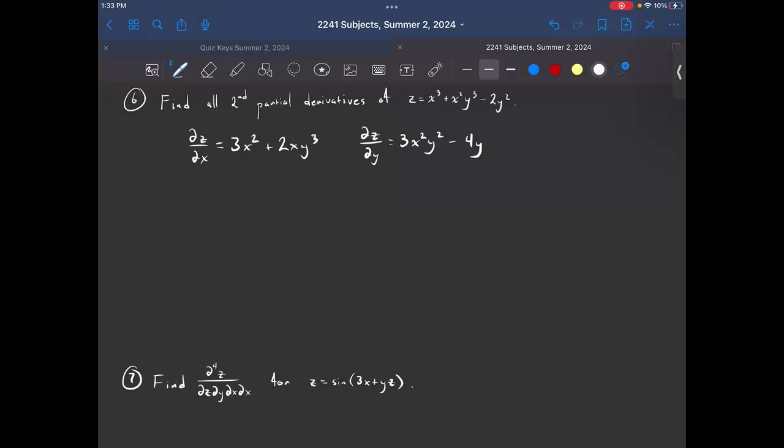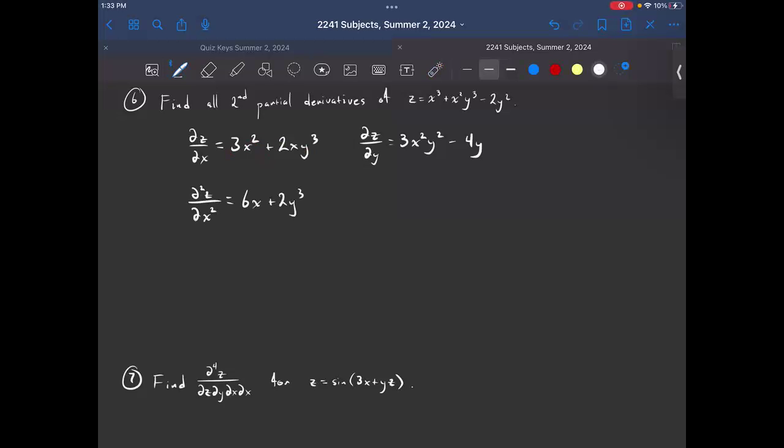So what does this look like? Well, we have a little bit of a different notation for them. So we have d2z dx squared, and this just means take another x derivative here. And that gives us 6x plus 2y cubed.